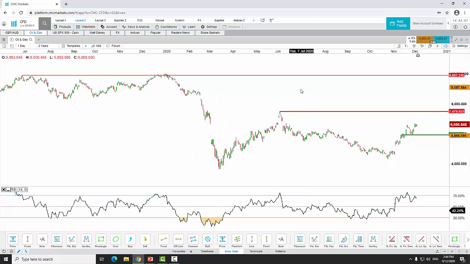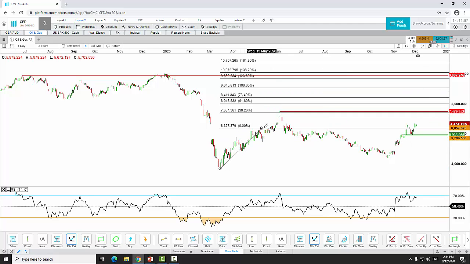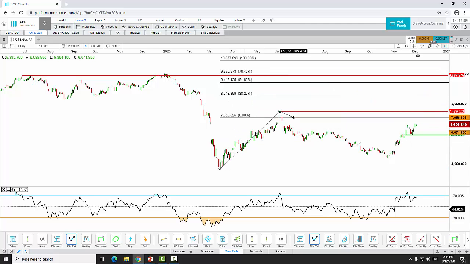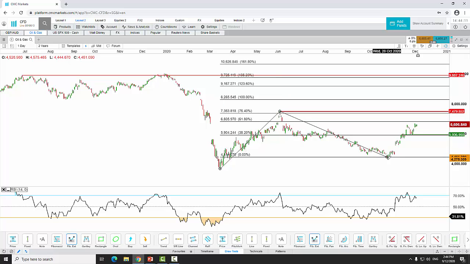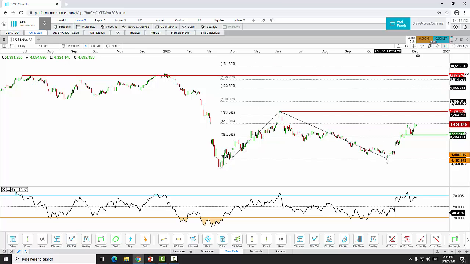If you do a Fibo extension, you can see if there's any confluence with this 9,887 graphical resistance level. You could see that there is potential confluence at this 1.382 level, which is slightly below at 9,614.